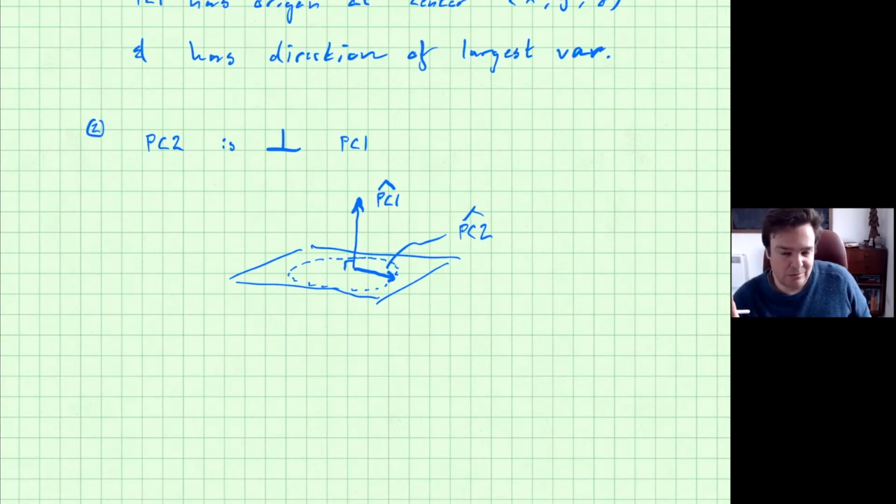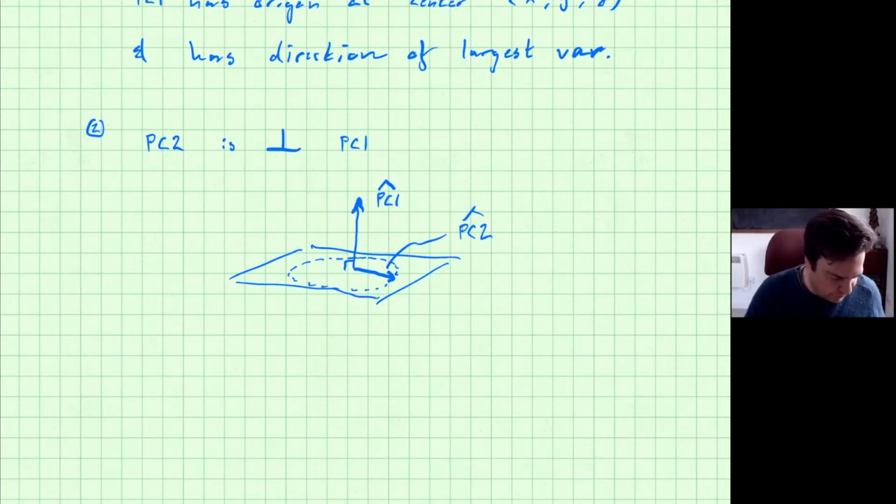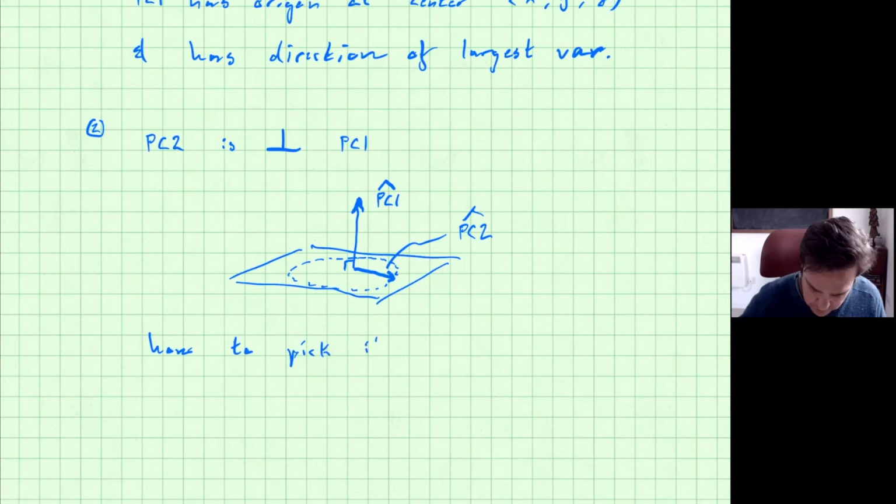There's no information given for that. Any such arrowhead would be perpendicular to PC1, right? So you need some more rules for determining that, and the rule is the same one that we used before. So how to pick its orientation in the plane?